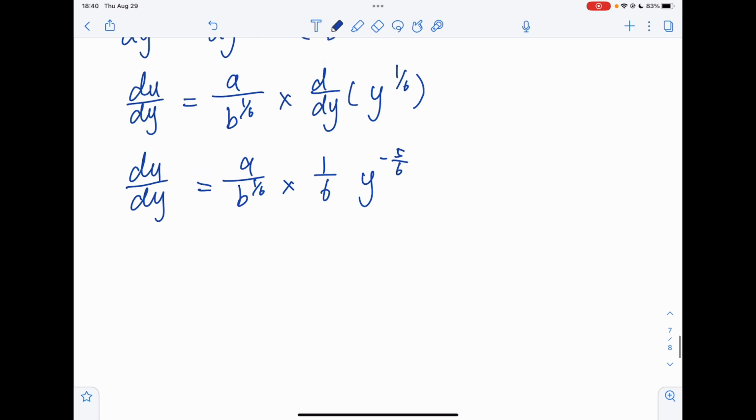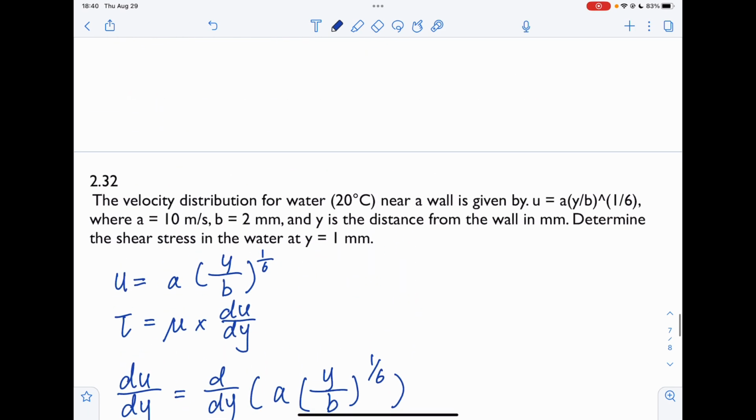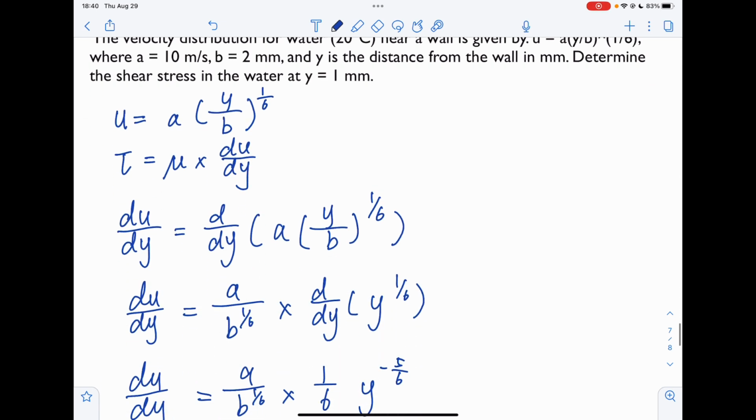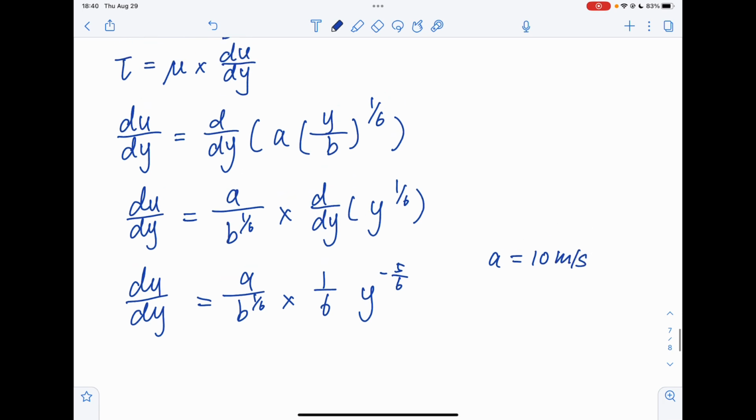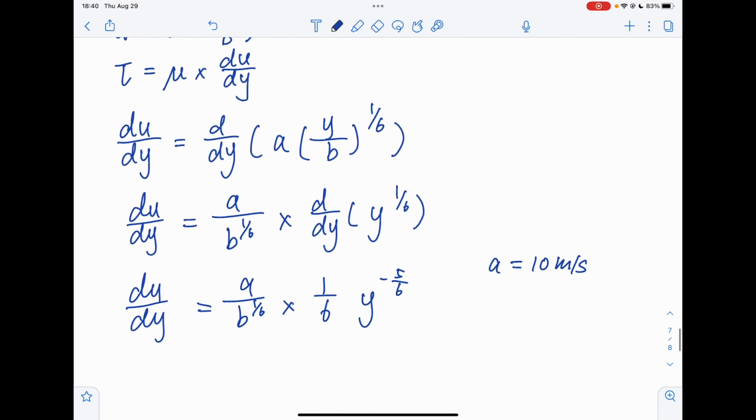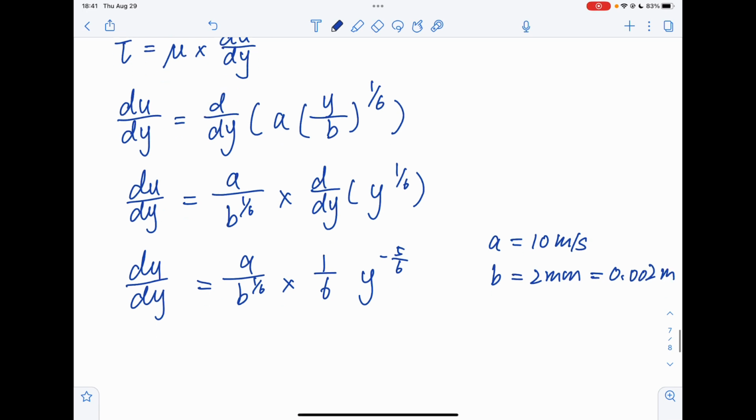Now we have A equals 10 meters per second. B is 2 millimeters, which is 0.002 meter.